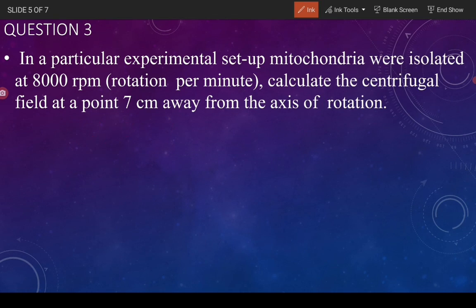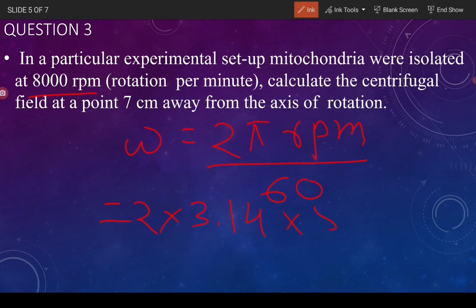So we know the formula of omega is equals to 2 pi rpm divided by 60. That is the formula of omega. So this will be equal to 2 into 3.14 into rpm is given 8000, so into 8000 divided by 60.